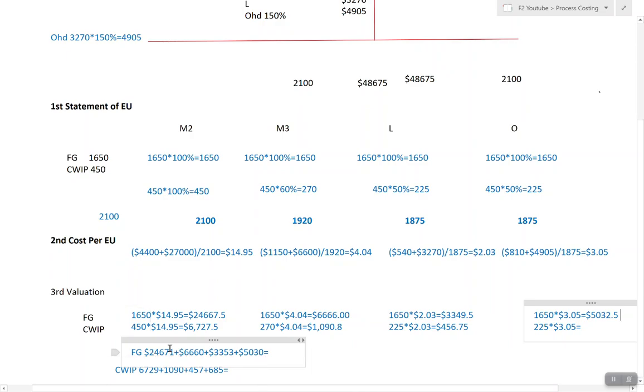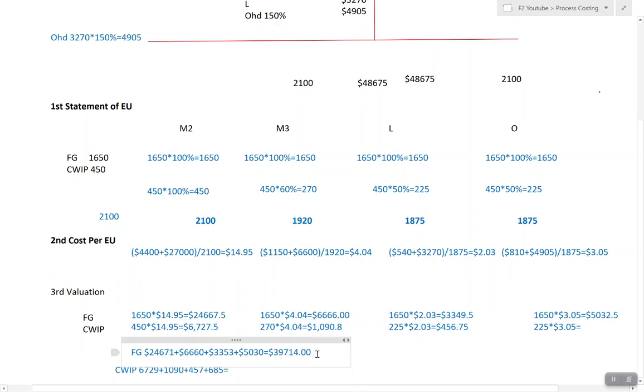We have 24,671, and then 6,660, 3,353, and 5,030. The value that I found here, I've multiplied it directly by this value. Instead of taking this value, if you directly multiply it, it will give you this value. So the reason that it gives me the exact value is that I've directly multiplied and found the value. I haven't taken the value from here. I've directly multiplied by this value so that the answer is exact.